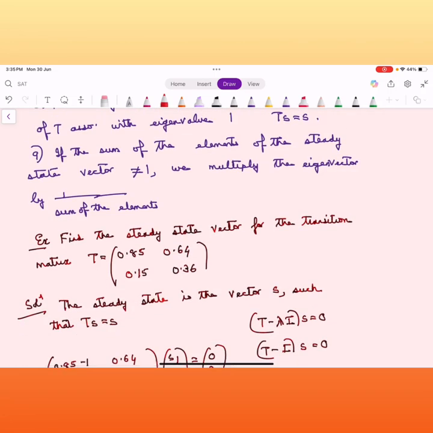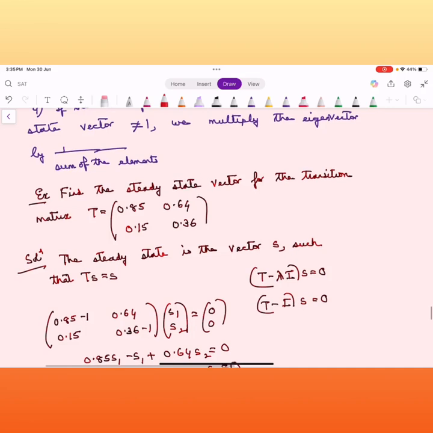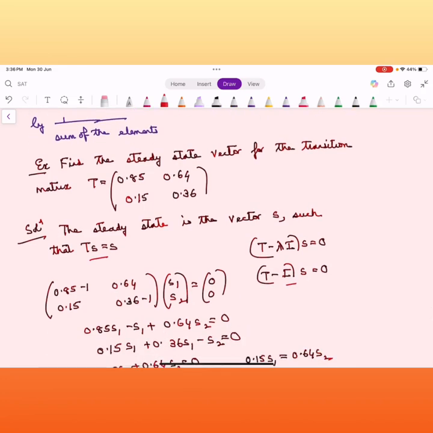So let's start a problem. Find the steady state vector for this transition matrix T, which is given as follows. The steady state vector is given by Ts equal to S. That means (T minus lambda I) S equals 0, where lambda is 1. So I have (T minus I) S is 0. Substituting, we get the matrix with entries 0.85 minus 1, 0.64, 0.15, 0.36 minus 1, times S1, S2 is 0.